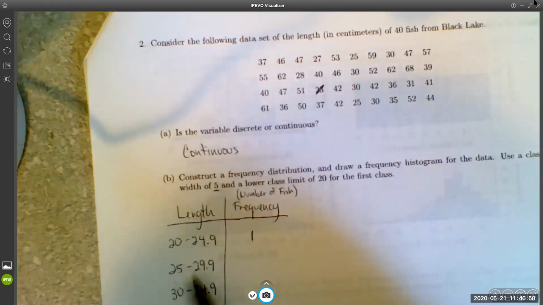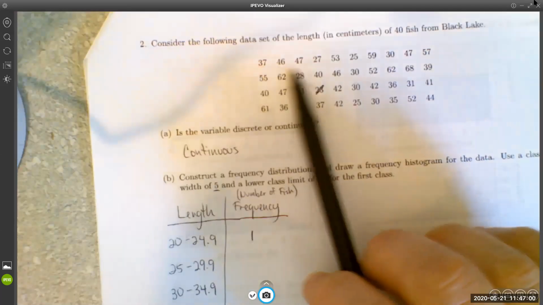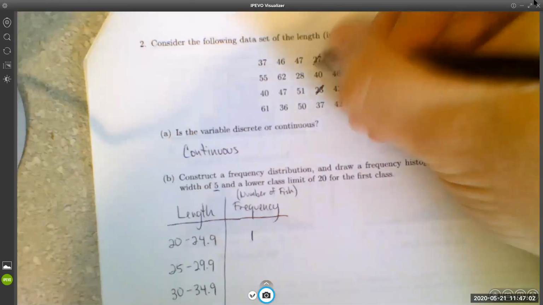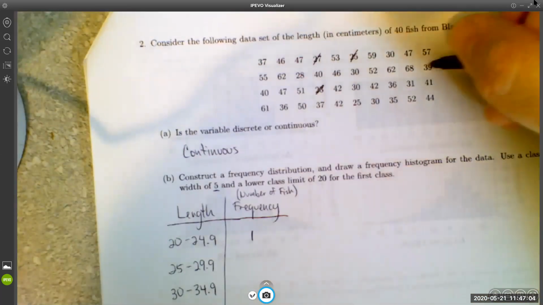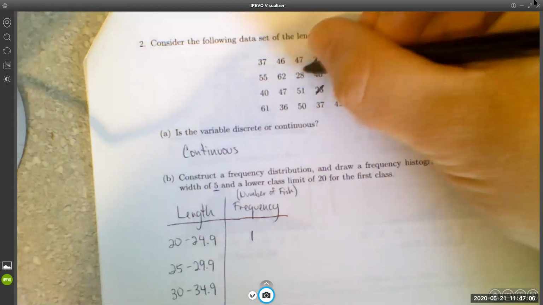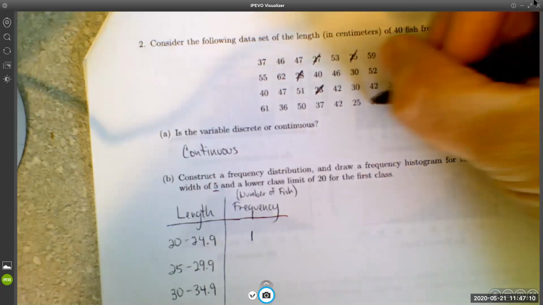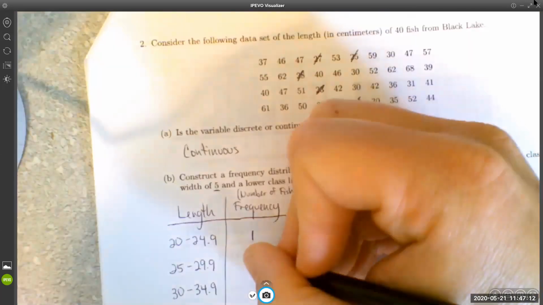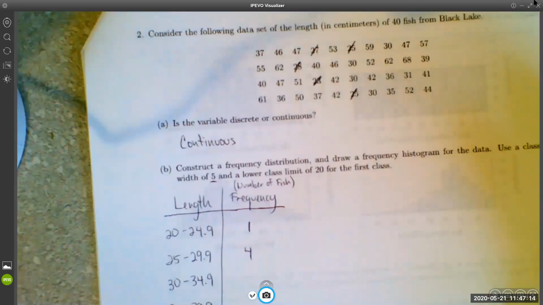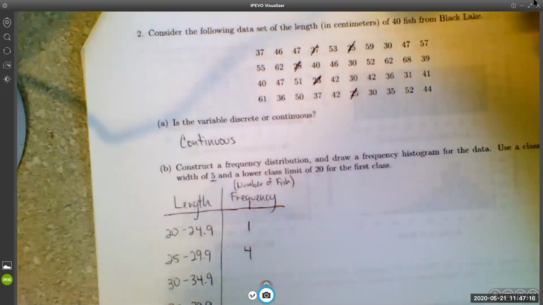Okay, 25 to 29. 3, 4. Okay, and so forth. So I'll let you work on the rest of these.